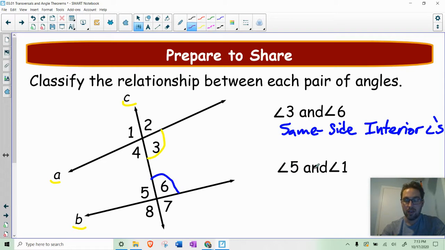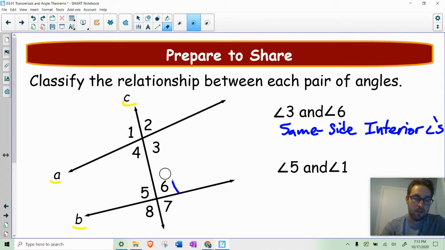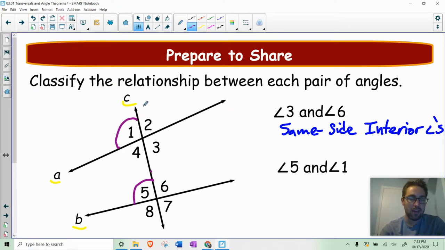So how about this next one? Angles 5 and 1. Well, let's erase a little bit of this first. Angle 5 is right here. Angle 1 is right here. So let's see, they're on the same side of the transversal. Angle 5 is inside of the other two lines, but one is outside.